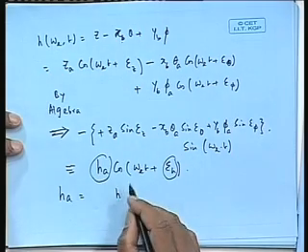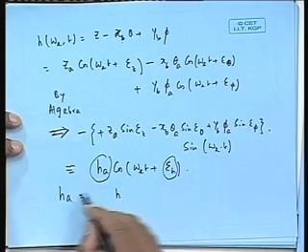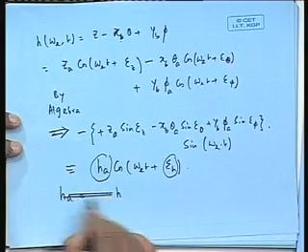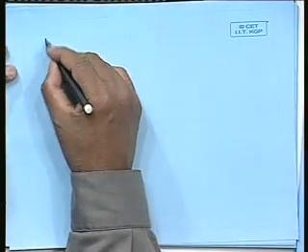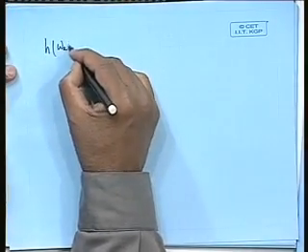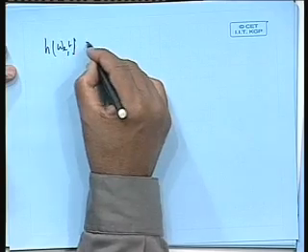Let me just complete that here. Then again I will write: therefore, what we get is H as a function of omega e t, where H denotes the vertical distance.